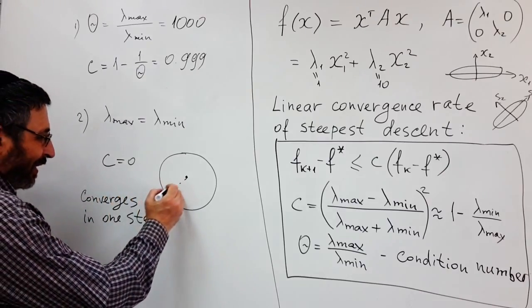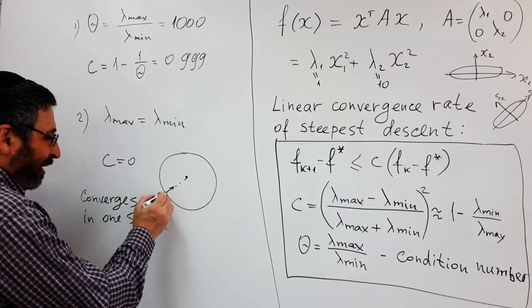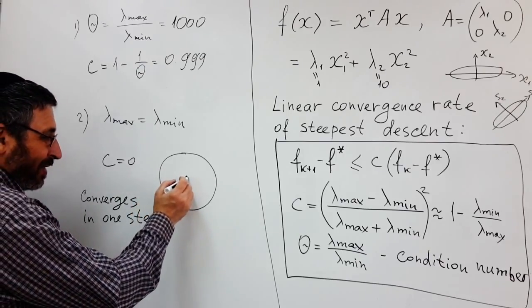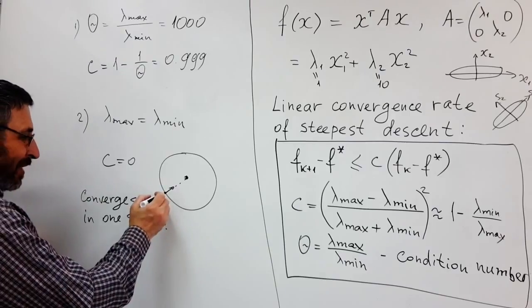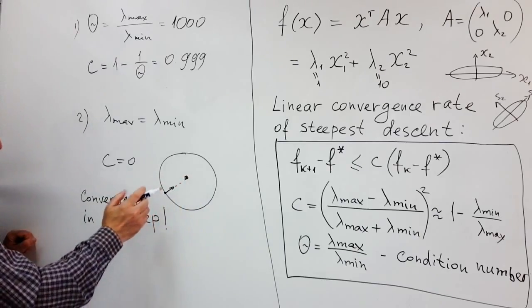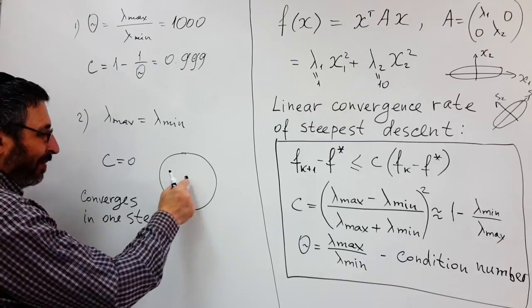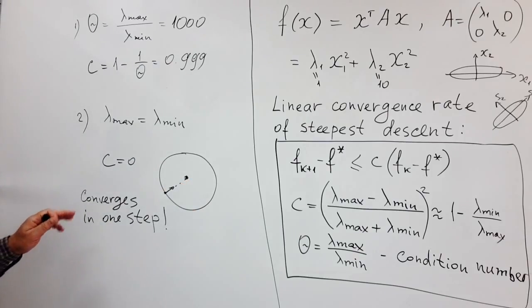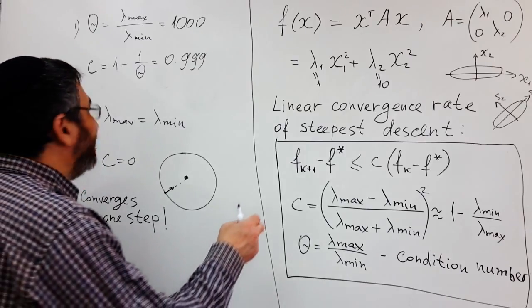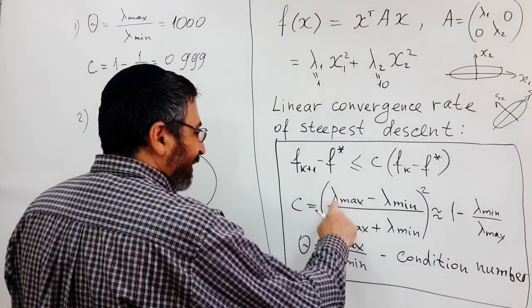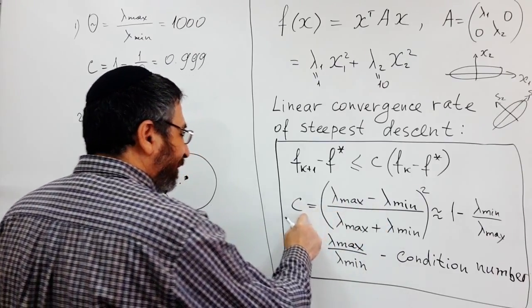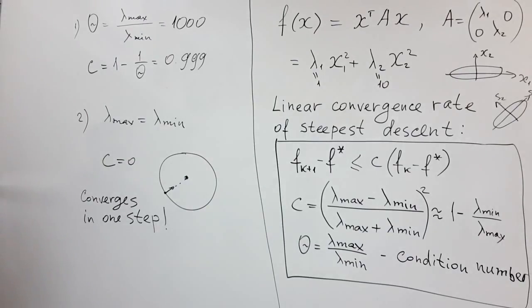And of course, if you start from any point, the gradient is orthogonal to the level line, so it will point exactly in the direction of the center. In one line search, in one iteration, we will decrease our error to 0. And this formula says the same. So lambda max minus lambda min will be 0, so the convergence rate will be 0, and it will converge in one iteration.